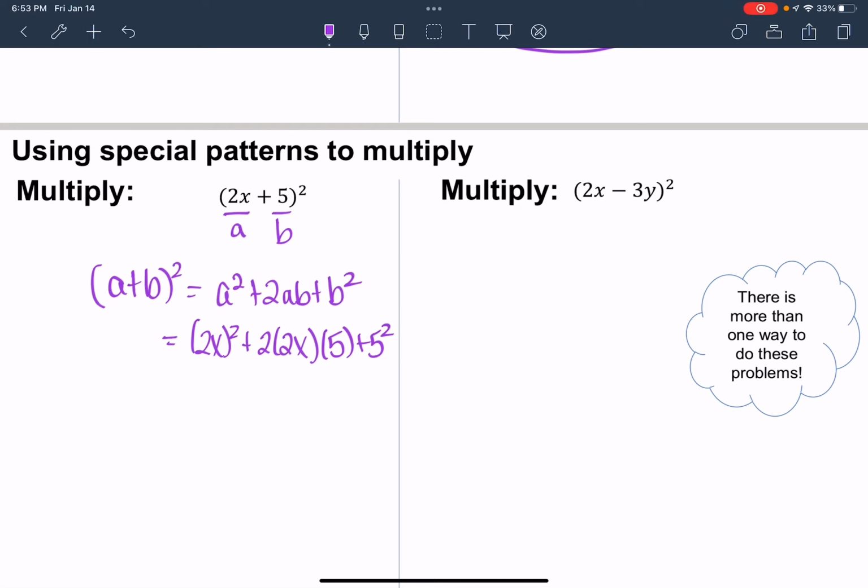So 2x squared, remember the squared goes to both terms on the inside. So this is 4x squared plus 2 times 5 times x. So this is 2 times 2 is 4, 4 times 5 is 20, so 20x. And my final term is 5 squared, which is 25.